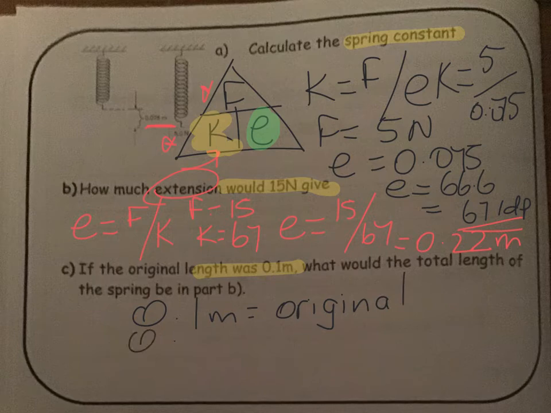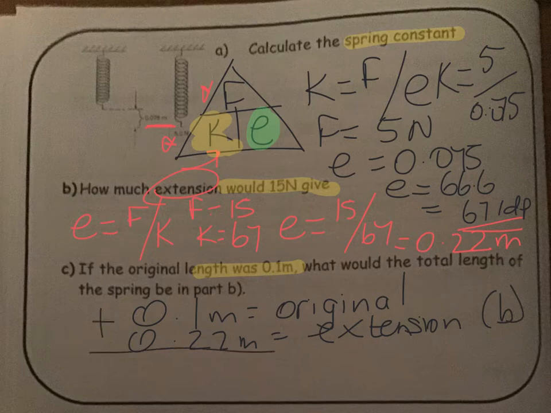Then we have 0.22 meters is the extension, and we found that in part B. And if we add those both together, we get a total length of 0.32 meters. Don't forget your units, and that's the total length.